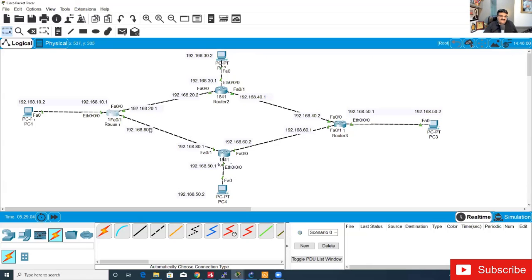Can RIP change the path and send this data to the 20.2? Yes or no? Can RIP change the data path and send the data from 20.1 through 20.2 through the 40.1 and 40.2? Can RIP do this?